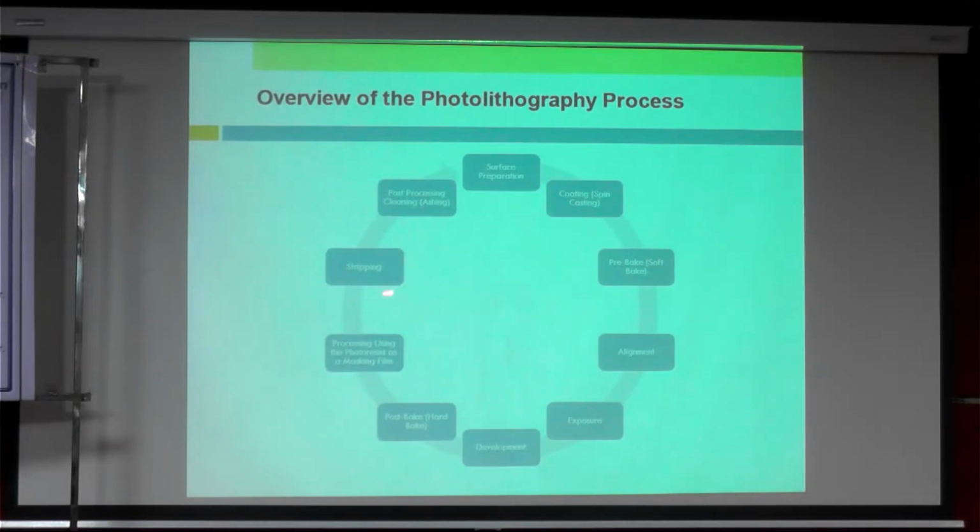Then the stripping, removing of the photomask or the photoresist, then post-processing, cleaning, and etching, etc. Then this process might be repeated a few times in order for you to get a certain shape or structure, depending on the complexity of the design. Sometimes it's just 1 or 2 times, but for a complex structure, you might need a few more times in order to obtain the design.